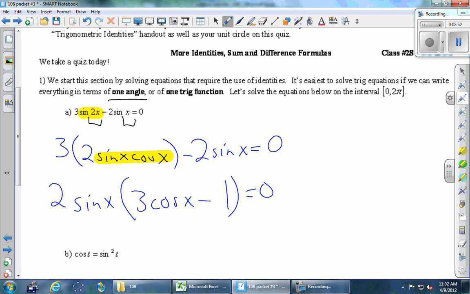Okay, and now we have turned that subtraction problem into a multiplication problem. There's the times, which means we can split it up into 2 easier equations. Either 2 sine x is 0 or 3 cosine x minus 1 is 0.